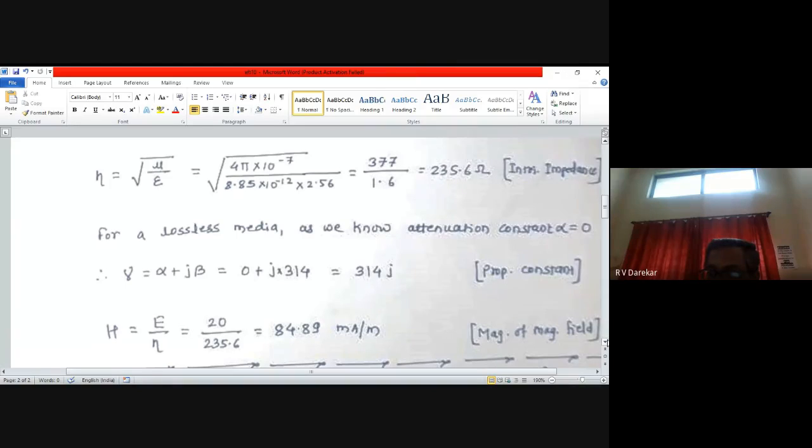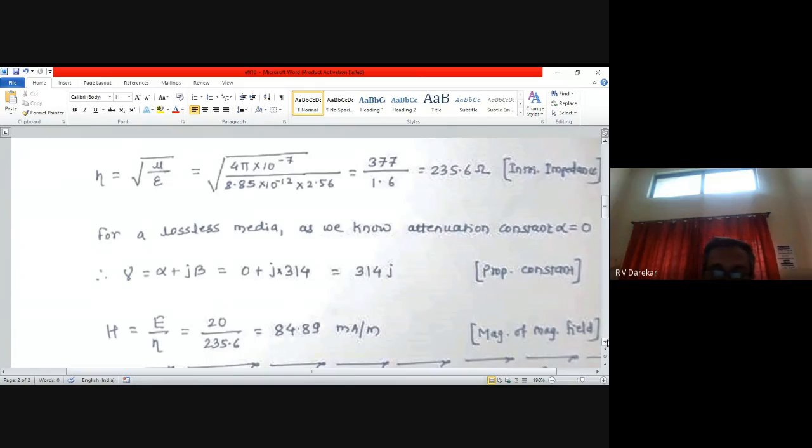It is very simple. We can observe here that H is equal to E upon eta, because eta was equal to mod E bar upon mod H bar, that is magnitude of electric component divided by magnitude of magnetic component.